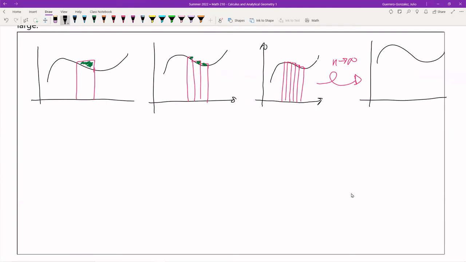Here's my curve. Until we get from A to B, we get this area right here. We get a much finer and much finer approximation for this area right here. Got it? This was for the left end.